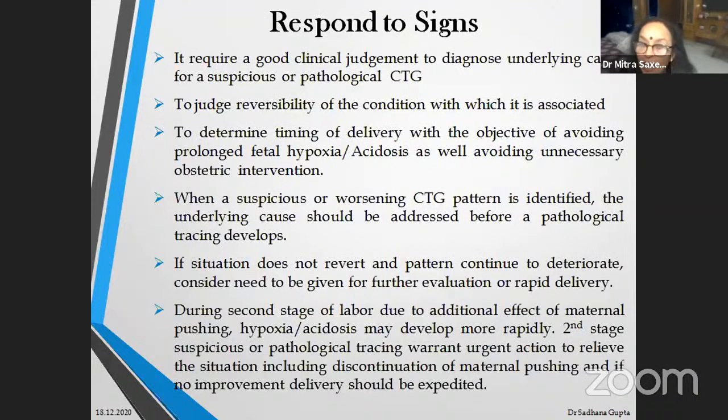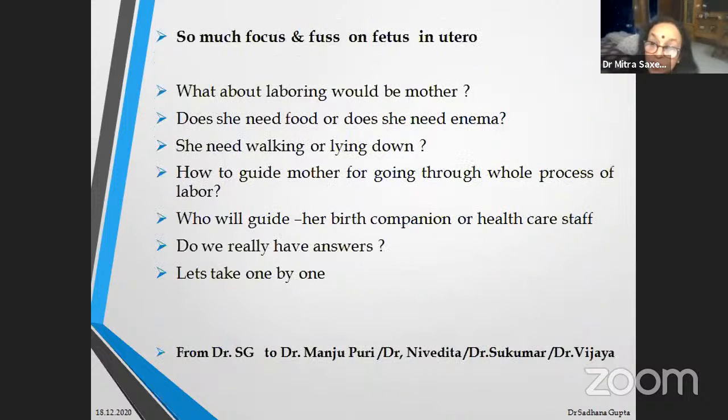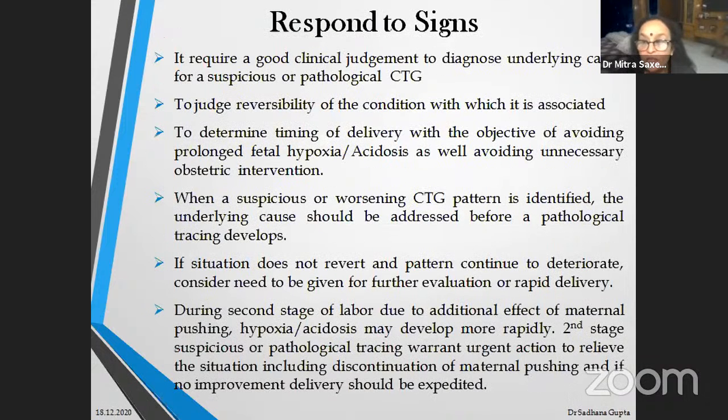Dr. Sukumar, may I add something: if we understand the very basics of CTG, it is extremely important to understand how the fetus responds to stress. How the heart rate behaves under stress is the whole thing, whether it is bradycardia because of vagal inhibition, or when the stage of tachycardia comes, we have to know the ominous signs.